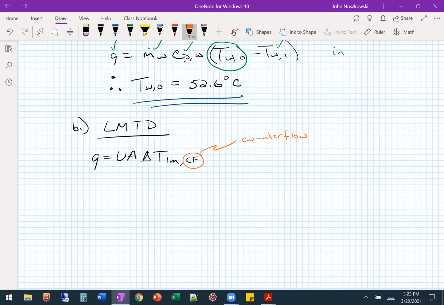Let's look here. We already solved for Q from our conservation of energy, and we mentioned we have the overall heat transfer coefficient. So we need area and our log mean temperature difference. What's the area?